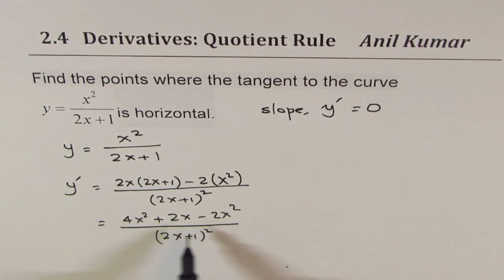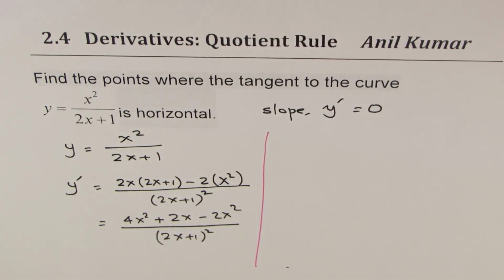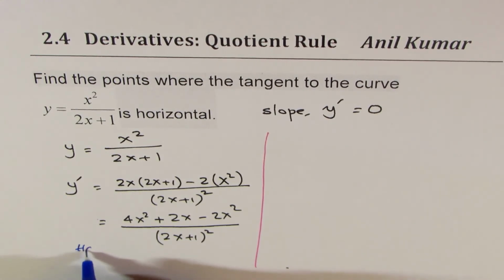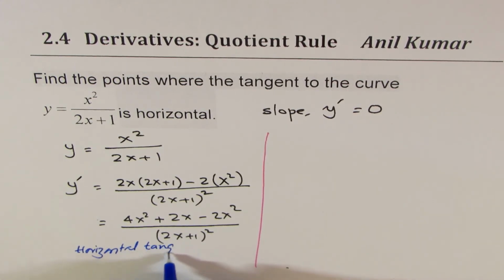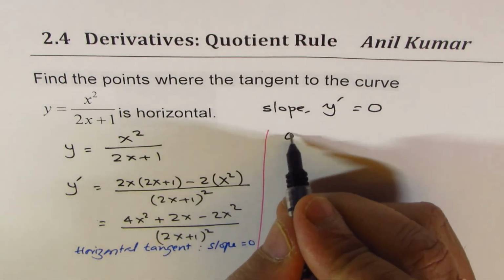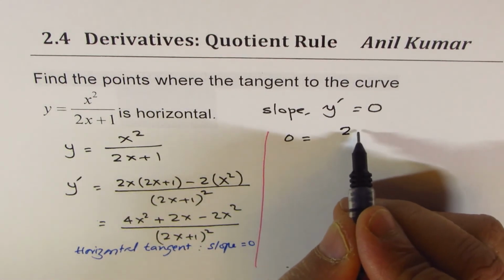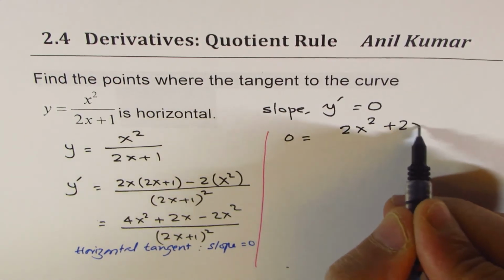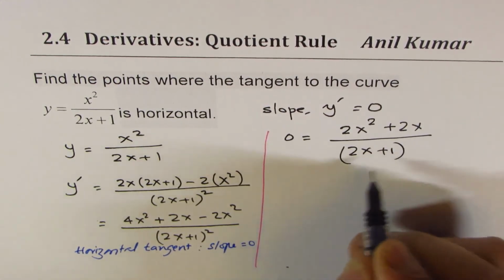Now, this could be simplified a bit. Let me write it on the right side. And then we'll equate 0 for y, right? So when we say horizontal tangent, that means slope equals to 0, and therefore I can write 0 for y dash, and then we have 4x squared minus 2x squared is 2x squared plus 2x over 2x plus 1 whole square.